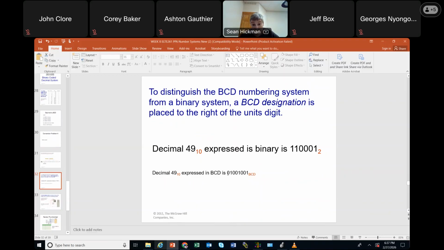It is 0100, which is there's the 1, the 2, that is 4. Okay. And this 1001 is 9. This is 49, not the other number, if it says BCD on it. Binary has the 2 on it. Okay. So it'd be a little bit different.